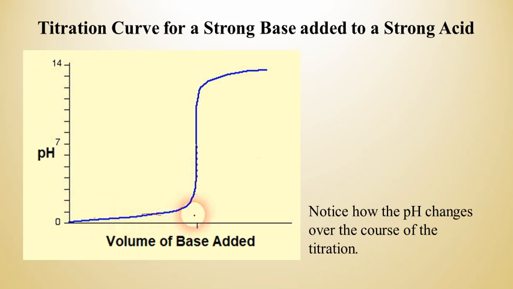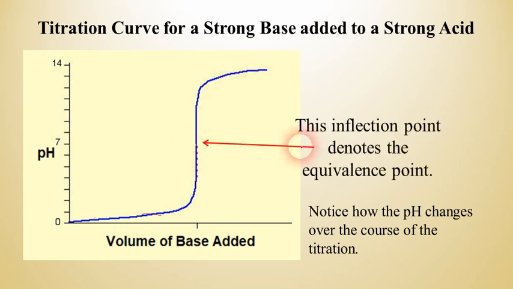And all of a sudden, as soon as you get very close to the equivalence point, the pH shoots up amazingly quickly. And then it starts to go up steadily again once you've gone past or very far past that equivalence point.